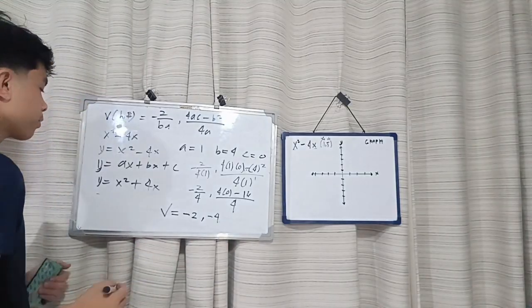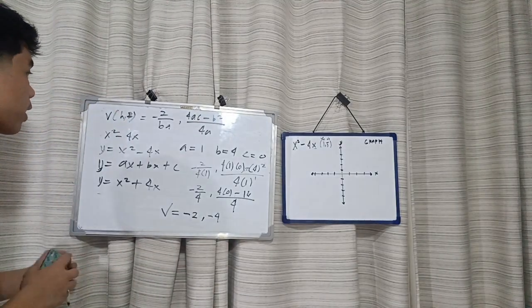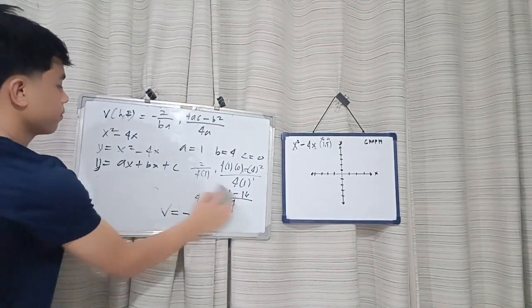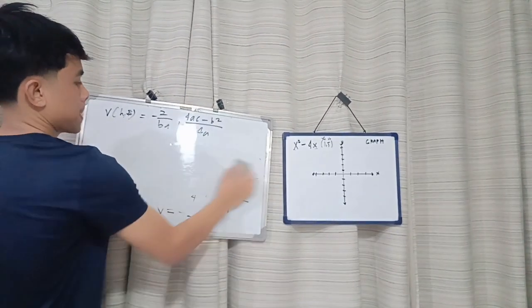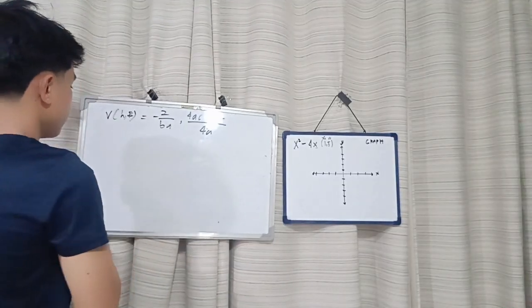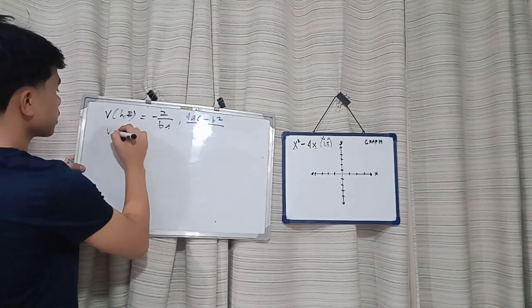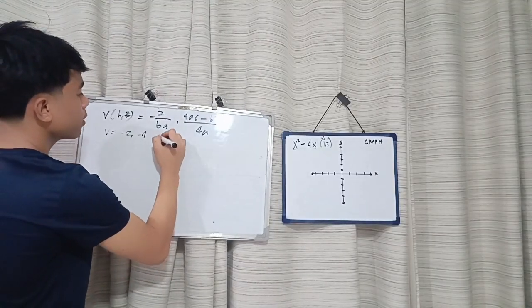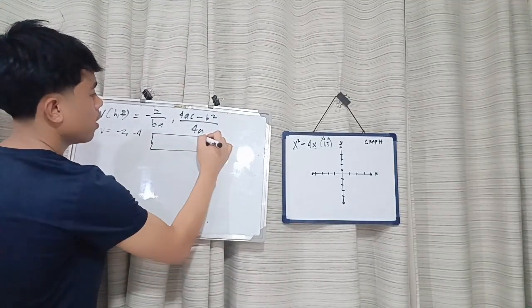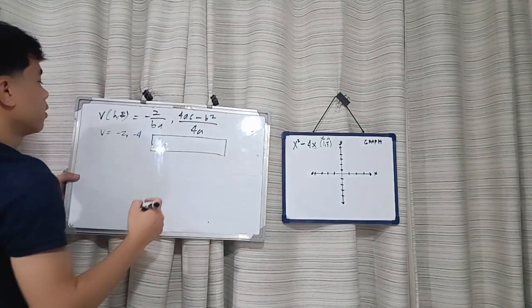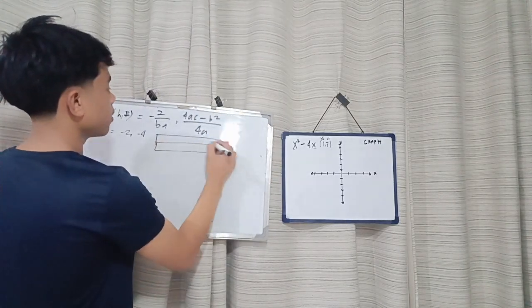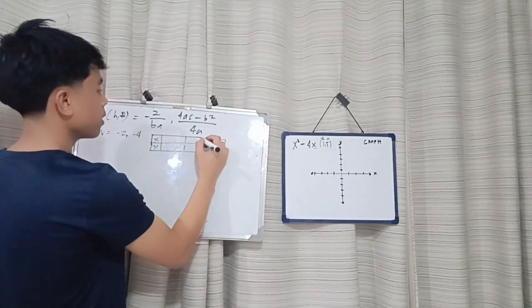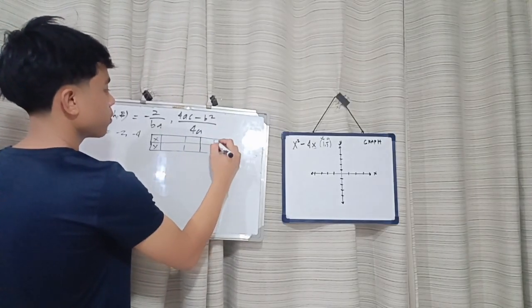So you can get your graph. Our next step is to get the graph. Since our vertex is negative 2, negative 4, we can make a table of x and y.